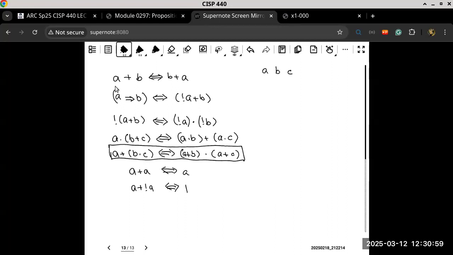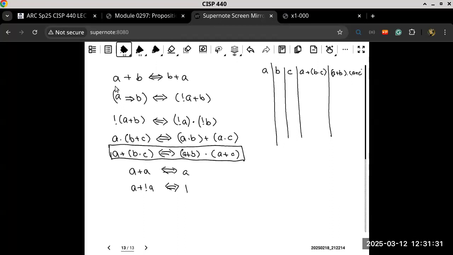How many rows do we have for this truth table? Well, for the columns, there are two more: one column is A or (B and C), and one column is (A or B) and (A or C). So there are one, two, three, four, five columns.